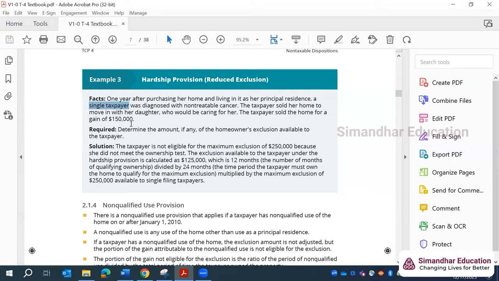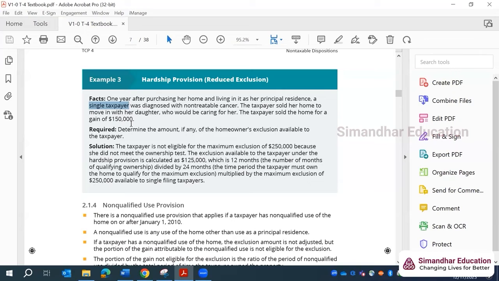What is my exclusion amount? It will be half of it, right? So $125,000. Now, my gain on the transaction is $150,000. So how much of this gain can I exclude?